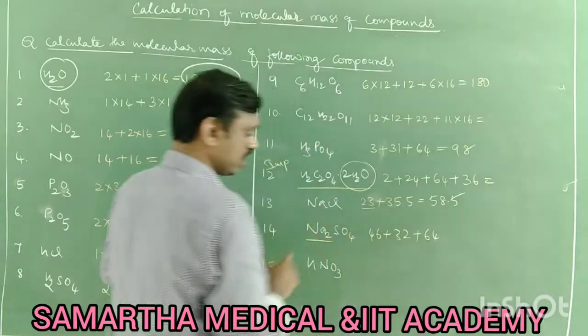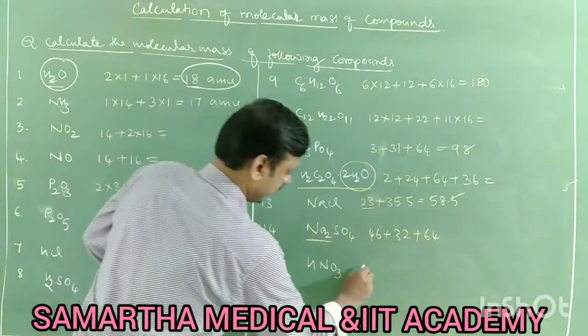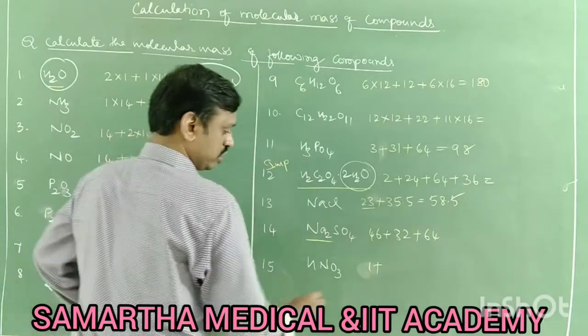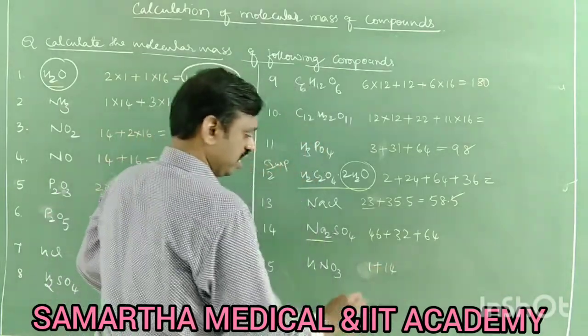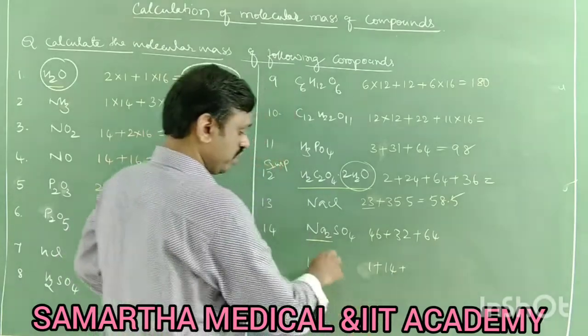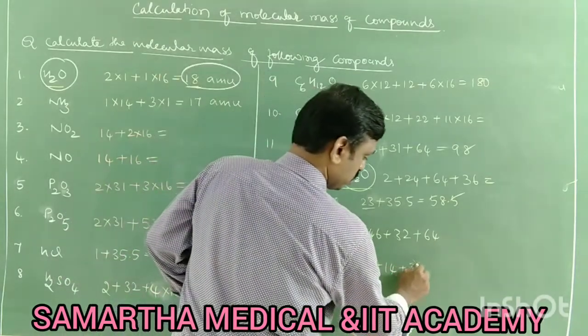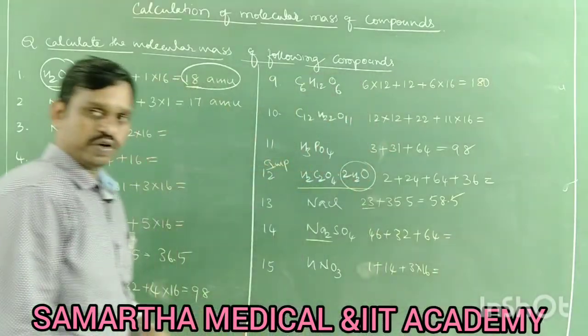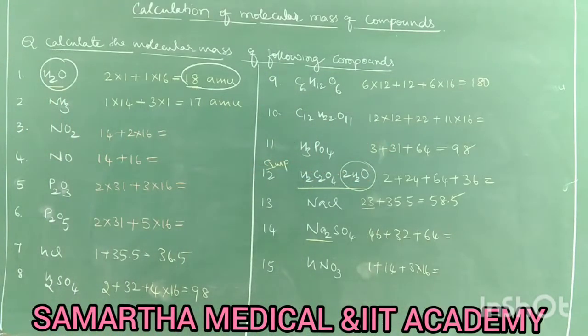There are 4 oxygen. Next hydrogen is 1. Nitrogen atomic mass is 14, and there are 3 oxygen, so 3 into 16. Right? So therefore you can calculate the molecular masses of any given compound.